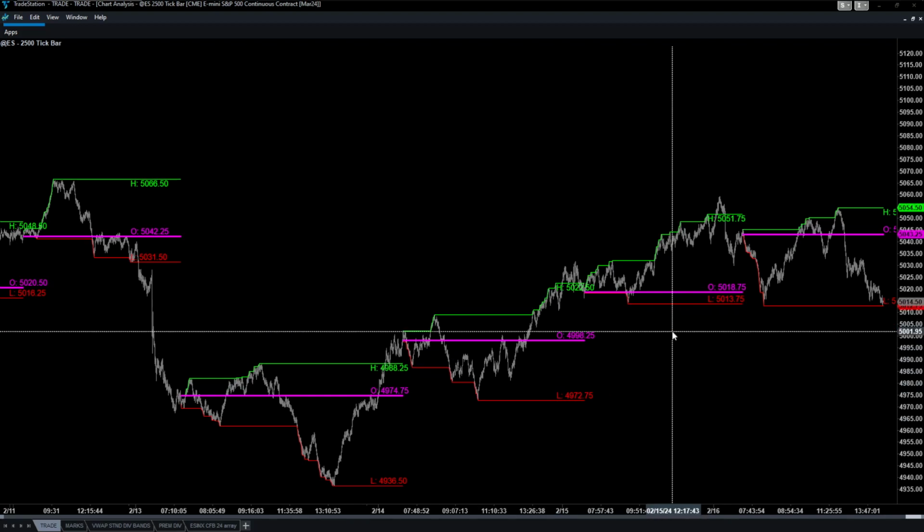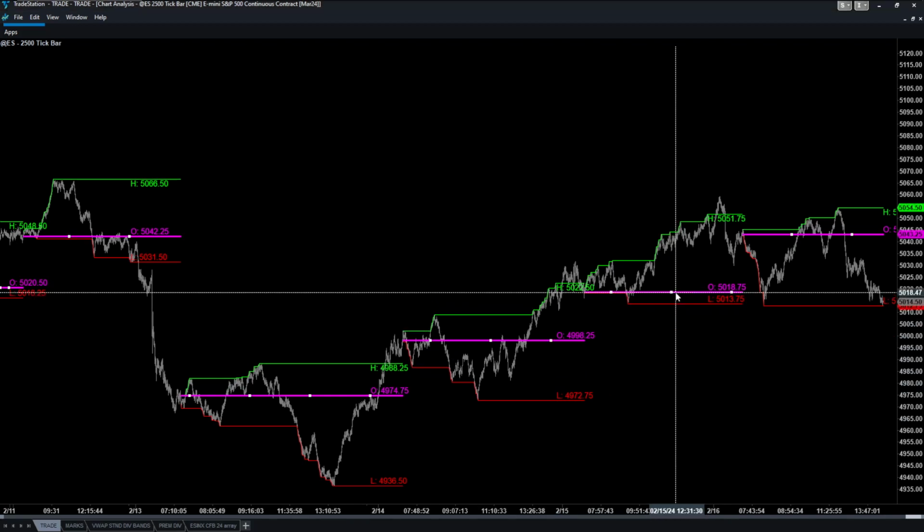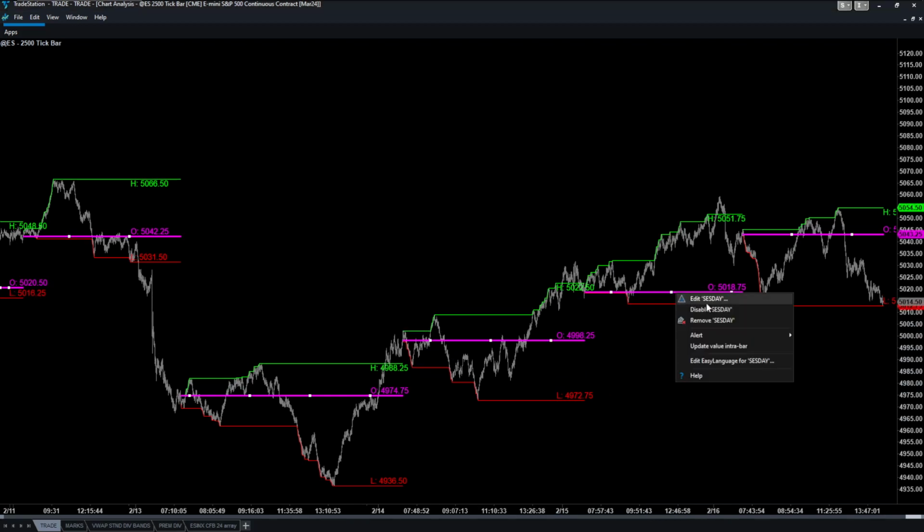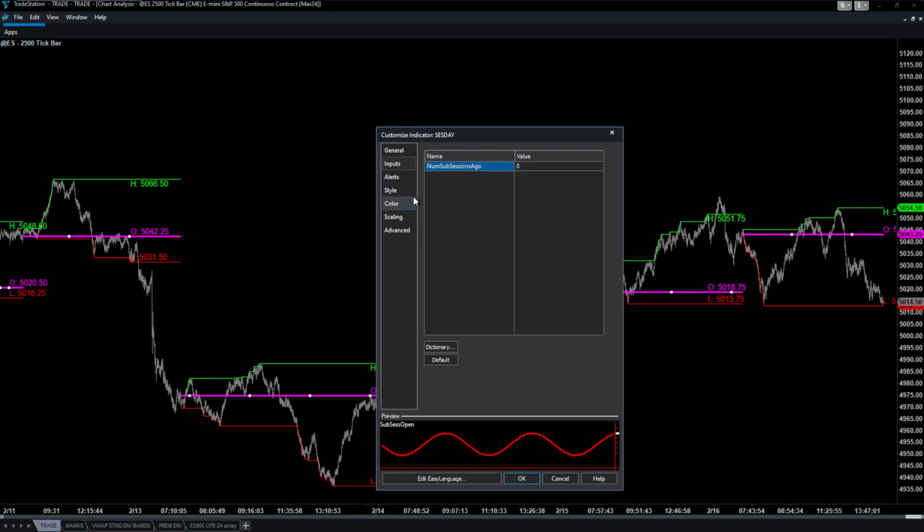Now the next indicator that we're going to look at is the SES day, standing for session day. And it also has different settings. And you'll see that we have several different indicators with different values in the input field.